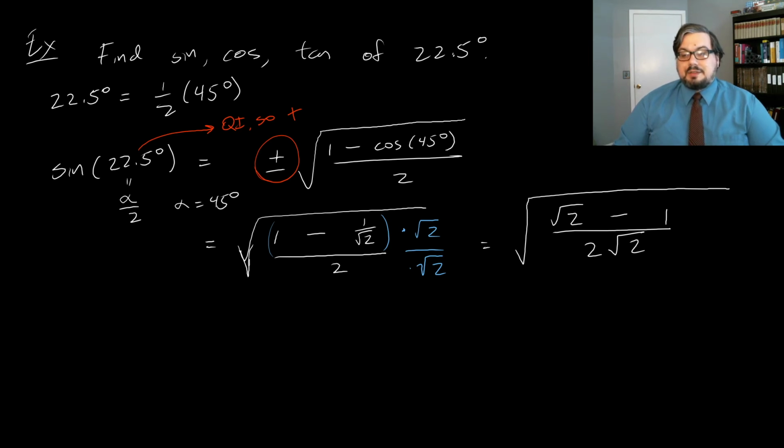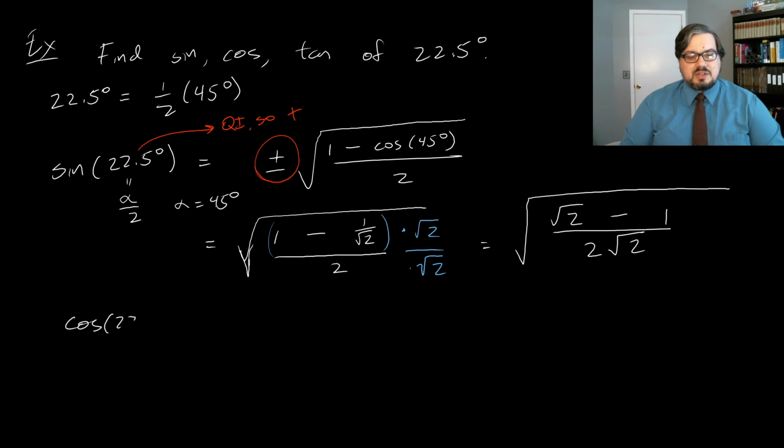And that is a perfectly good expression for sine of 22.5 degrees. It's, again, not the sort of thing that we'd want to memorize, but it is good to know that we can do this.